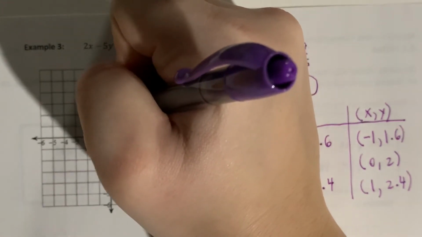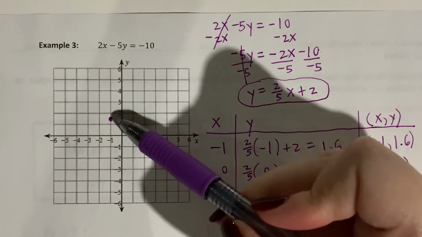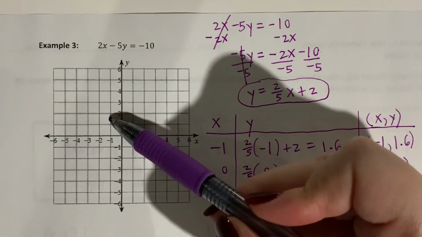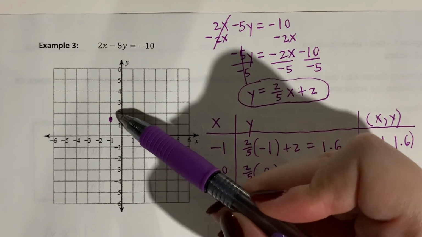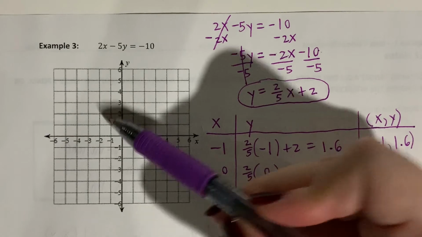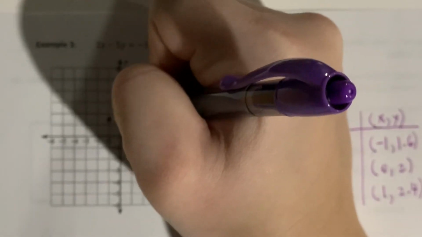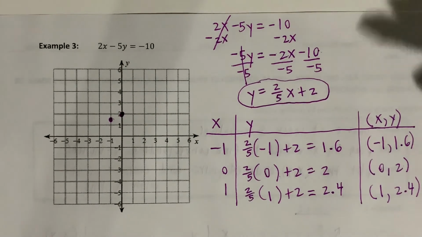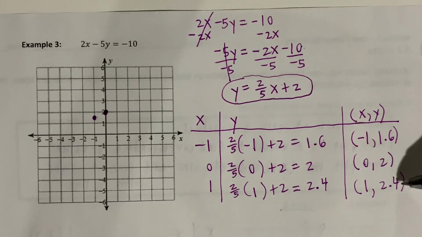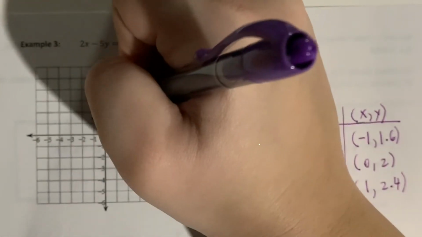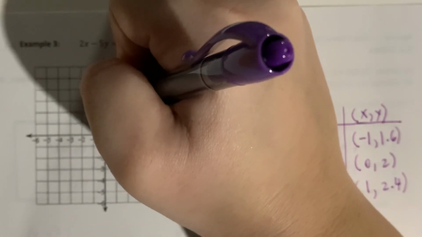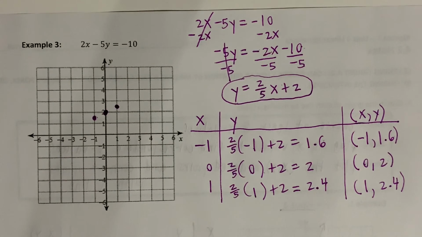So that means my y value is between 1 and 2, pretty much at 1.5, maybe a little bit closer to the 2 for 1.6. When x is 0, y is 2. And then lastly, when x is 1, my y is 2.4. So it's going to be between 2 and 3, a little bit closer to the 2.